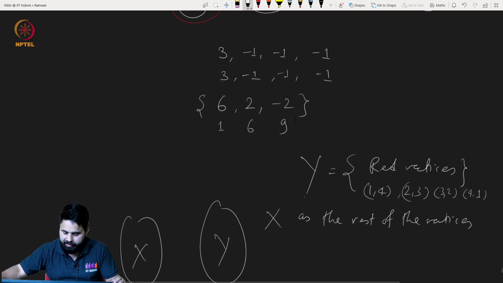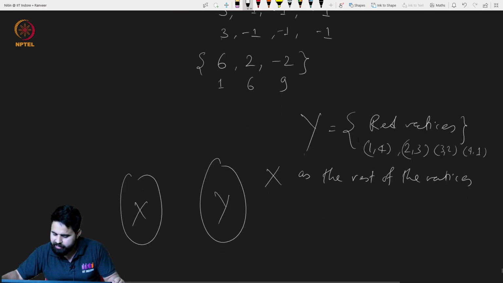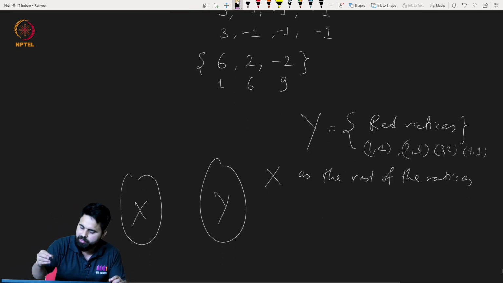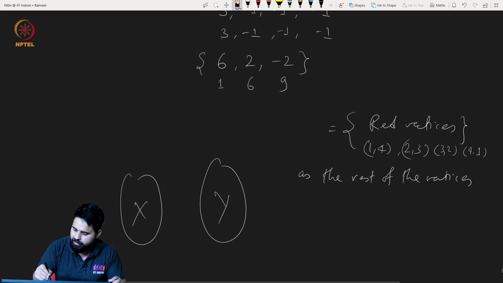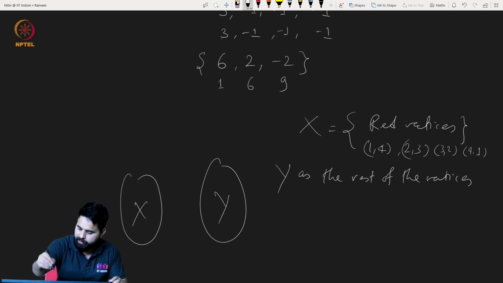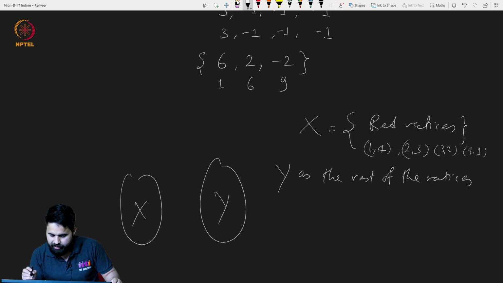Now you see that here, maybe I can take x as these vertices and y as the rest of the vertices, it will be more apt.